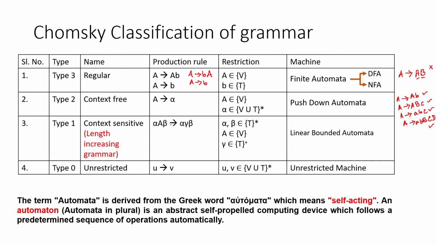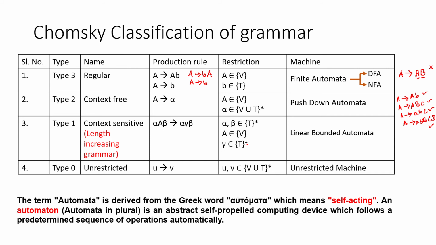And in the right hand side, since alpha and beta vanish, then alpha and beta also vanish in the right hand side, because this is also alpha beta. But in case of gamma, it is said T plus, that means there will be at least one terminal in the right hand side.